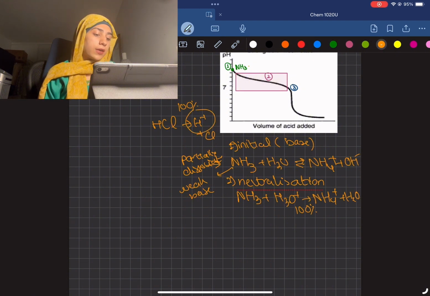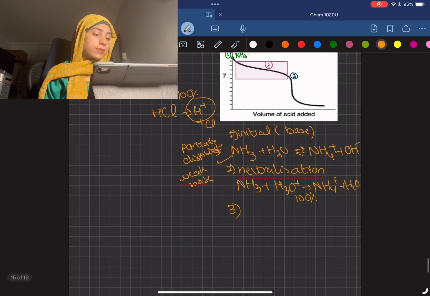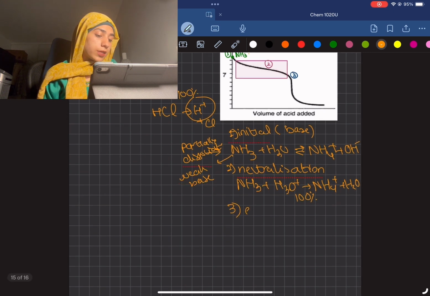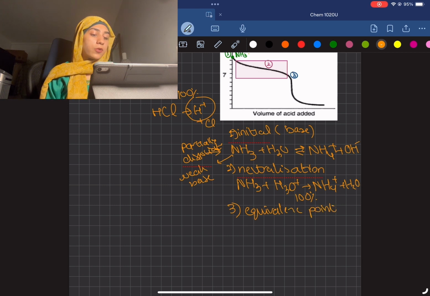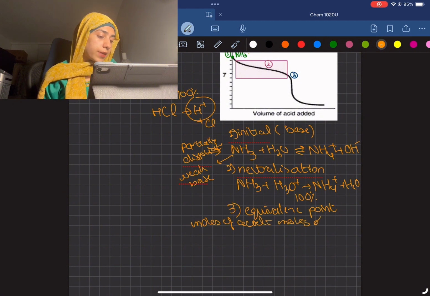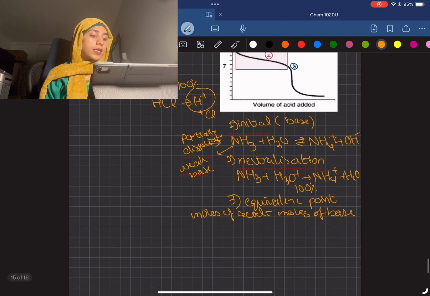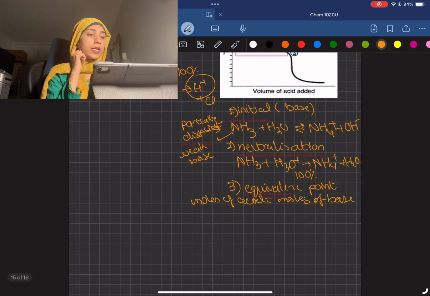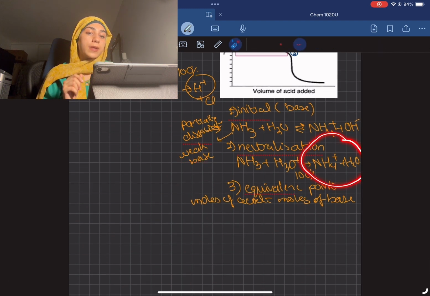Now I move on to my step 3, which is my equivalence point. At equivalence point, moles of acid equals moles of base. Here, I'll use the products of my previous step as my reactants.